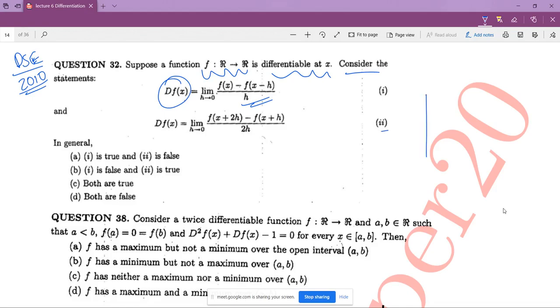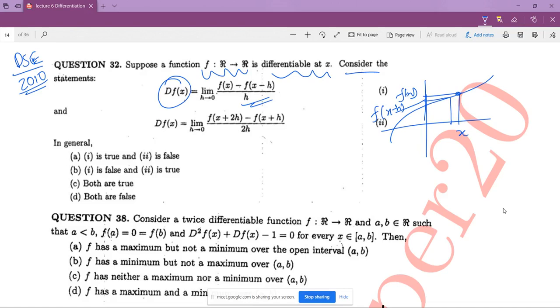1 is basically if there's any function like this, this is the point x. So he's saying derivative of f of x, this is your f of x. So he's saying f of x minus, this is, let's say, f of x minus h.